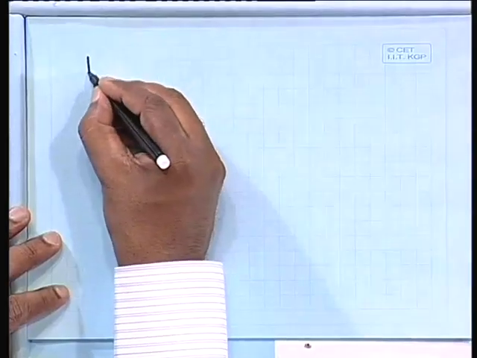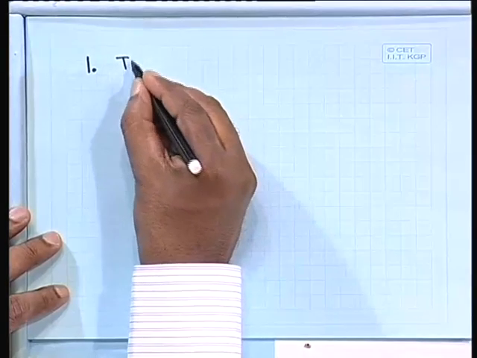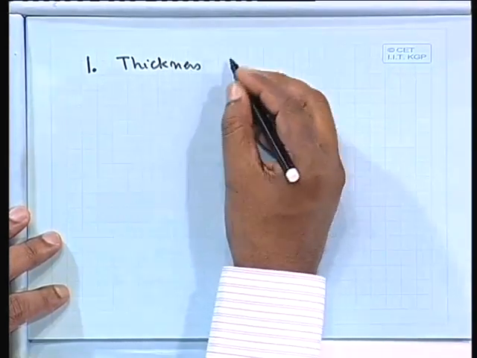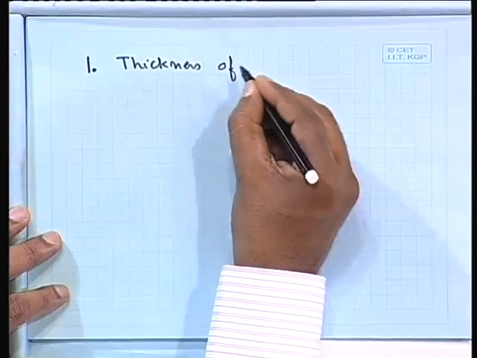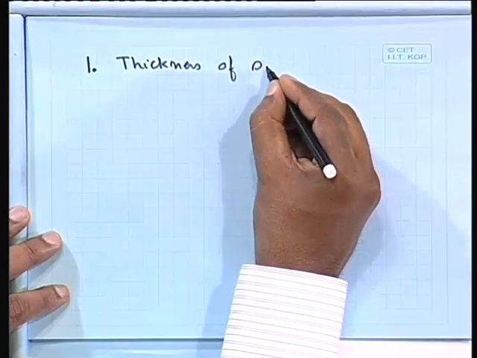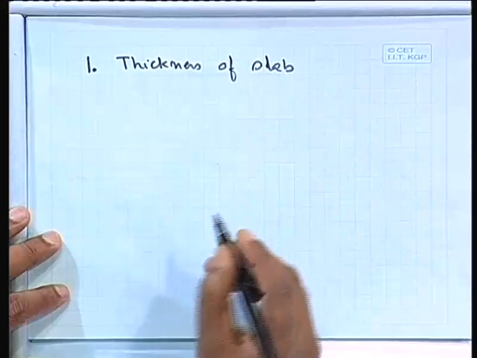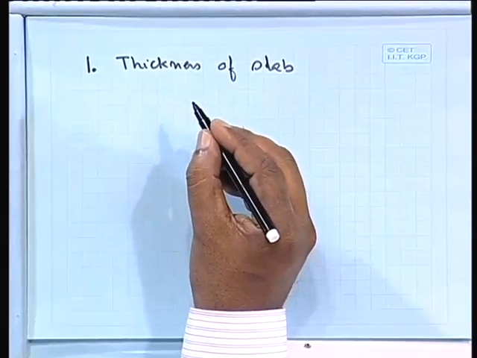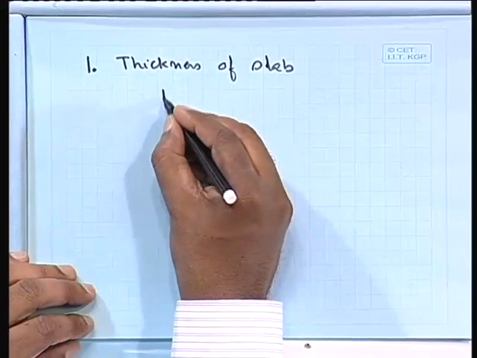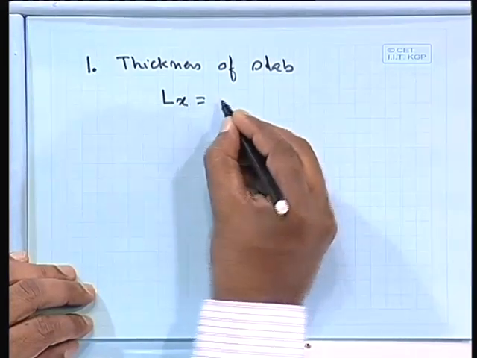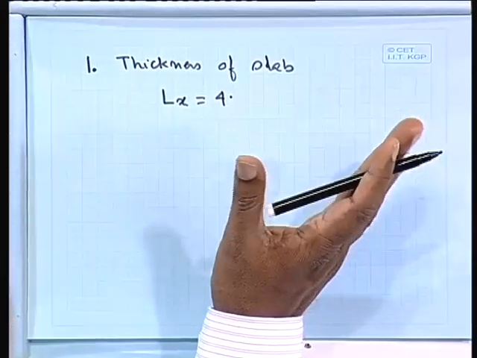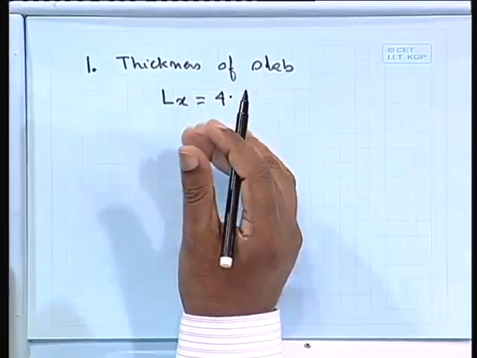Number 1, thickness of slab. So, in our case, let us assume 4.0 meter center to center, and that is our effective span also. Because there is no such support condition mentioned, we shall assume in this case that 4 meter is your effective span.